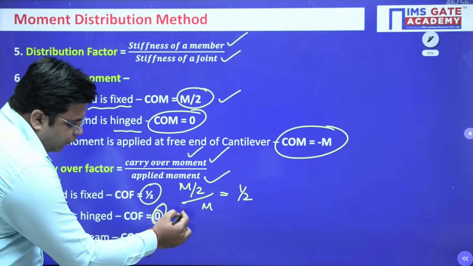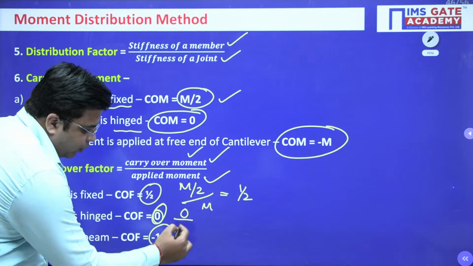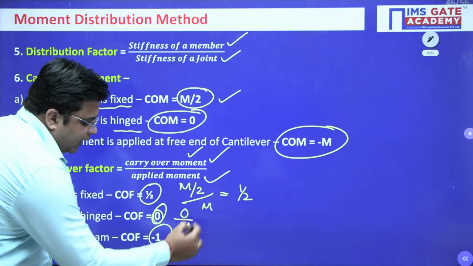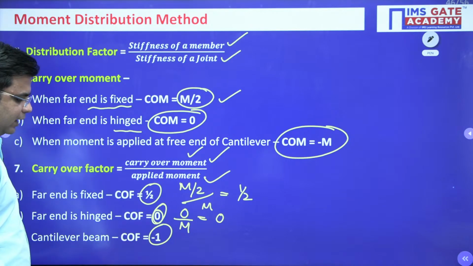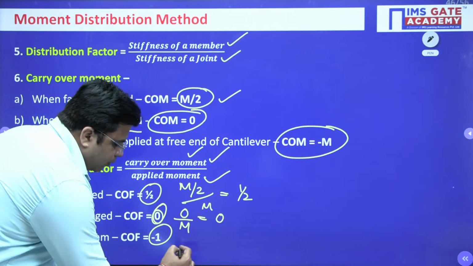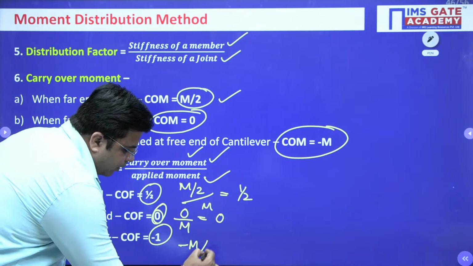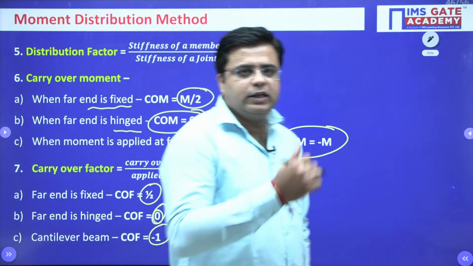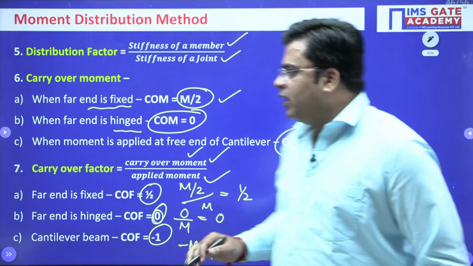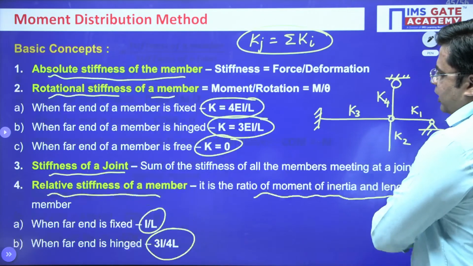Hence 0 divided by the applied moment M, so here the carryover factor comes out to be 0. For a cantilever beam, your carryover moment is minus M and applied moment is M. Therefore, your carryover factor is minus 1. So these are the basic properties from which questions can be asked in moment distribution.